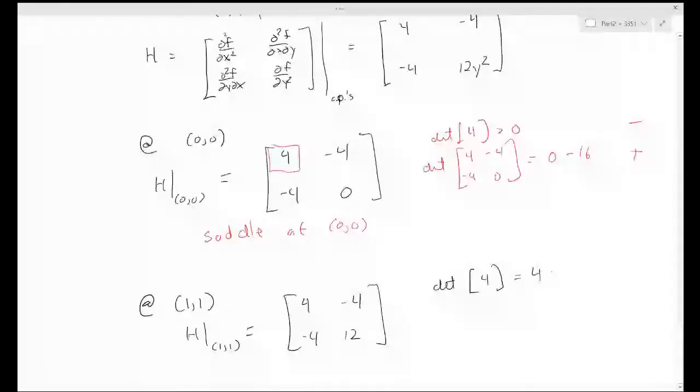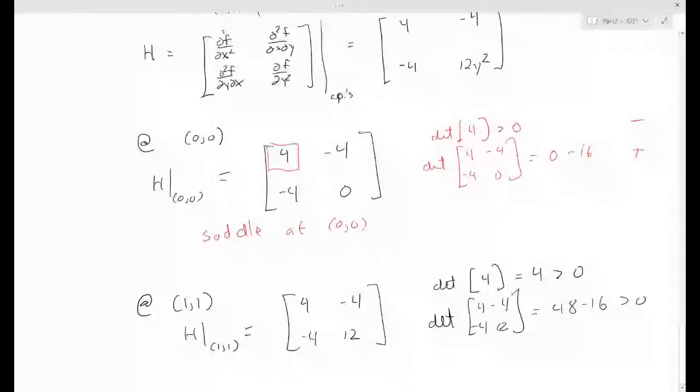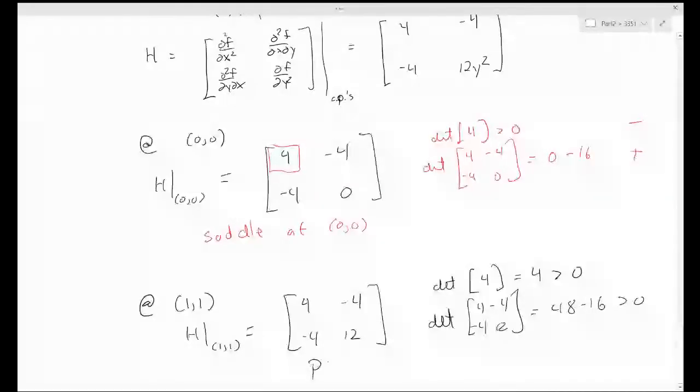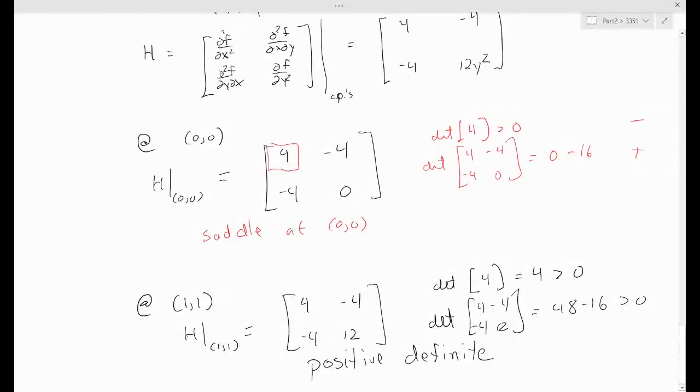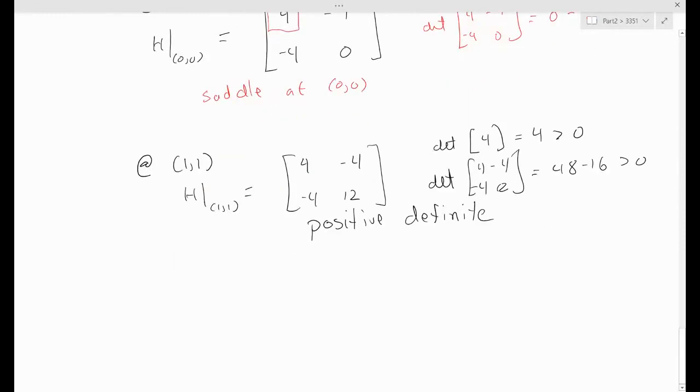You get a 4, and then the determinant of the Hessian itself, 48 minus 16. That's positive. So this is positive definite. And so what can we conclude about what's going on at this critical point? We can say that F at 1, 1 is a local minimum.